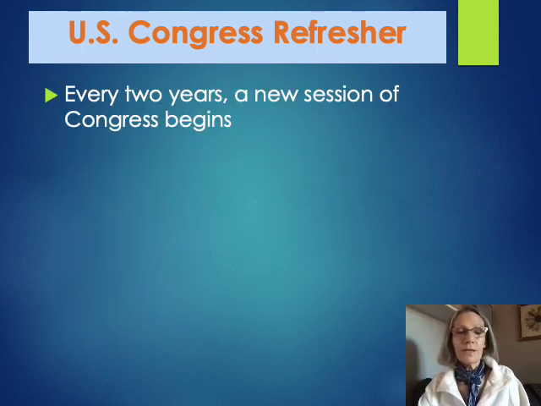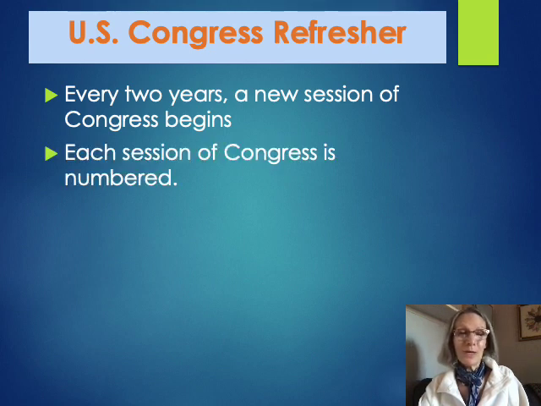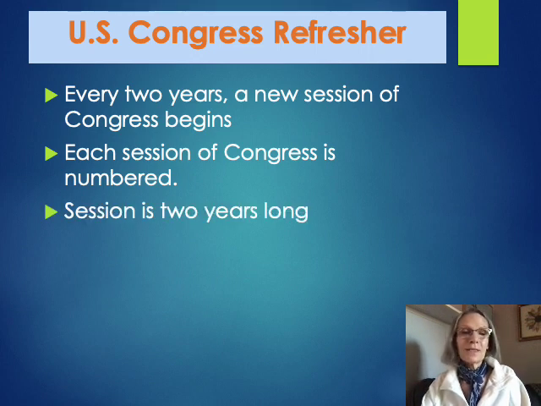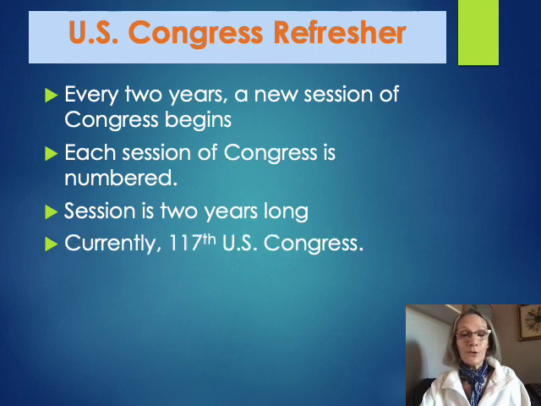So every 2 years, a new session of Congress begins. The reason for that is because we elect new members of Congress every 2 years. Every 2 years the new Congress is seated, and those 2-year sessions of Congress are numbered. A session of Congress is 2 years long.